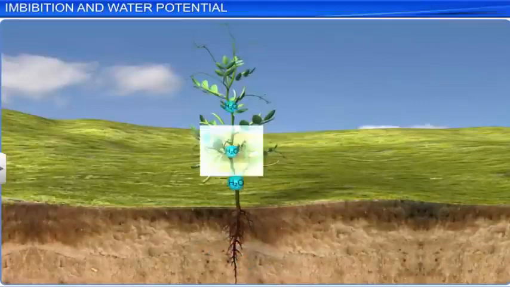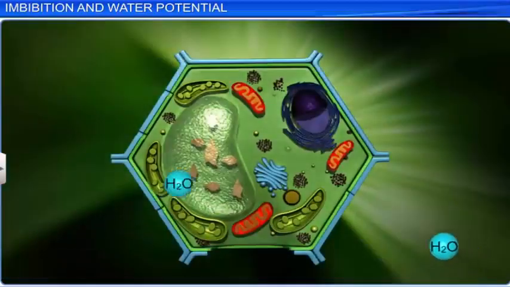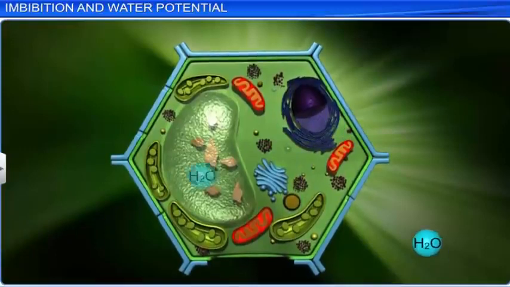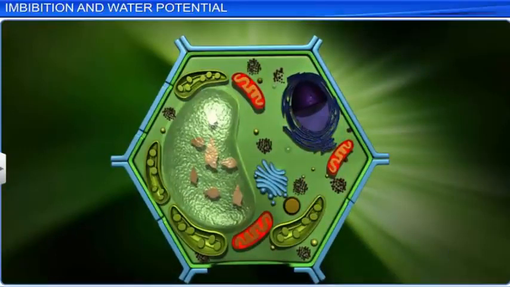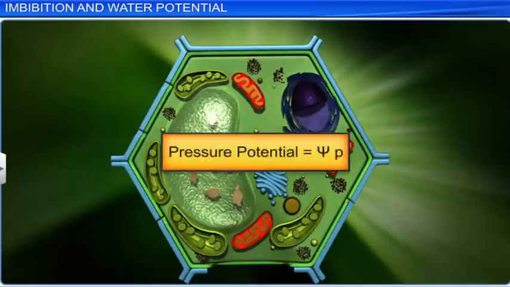When water enters a plant cell due to diffusion, it builds up pressure against the cell wall, causing the cell to become turgid. This pressure that is applied by the protoplasm against the cell wall is called pressure potential.